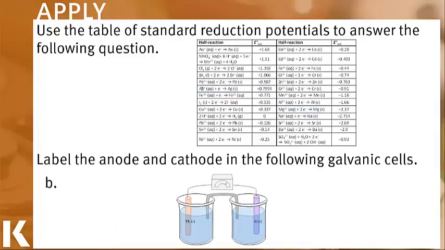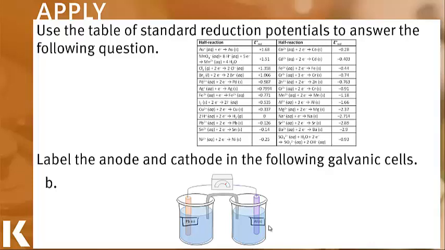Let's try a second one. We have the same table of standard reduction potentials. And again, they would like us to label the anode and the cathode in the following galvanic cells. In the left side, I have lead, and on the right side, I have aluminum.